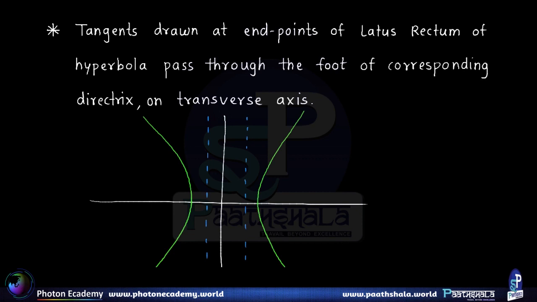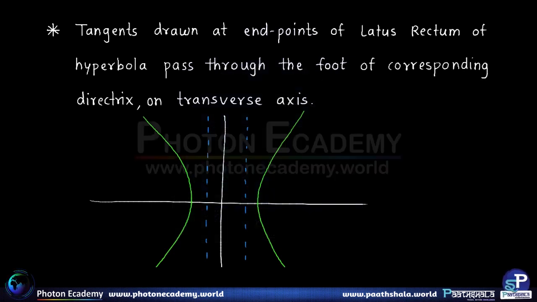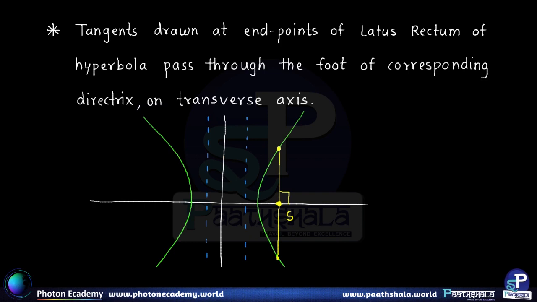Now let's consider the latus rectum, something like this. Latus rectum is a segment that is perpendicular to the transverse axis, and let it cut the branch at L and L dash. Now if you draw a tangent at the end of the latus rectum, it will pass through the point where the directrix cuts the transverse axis.